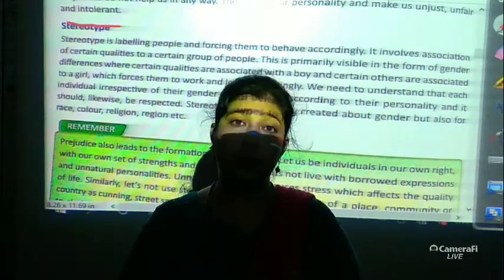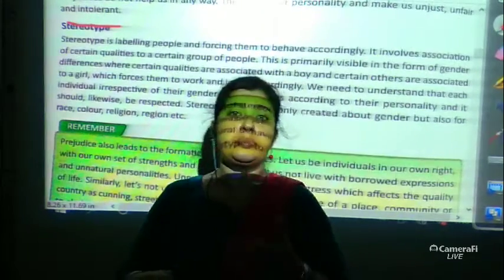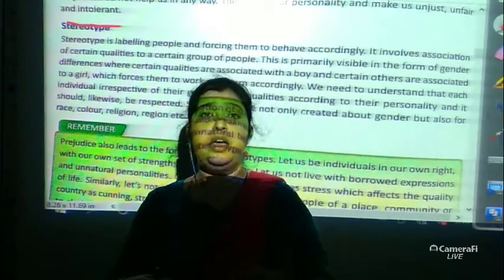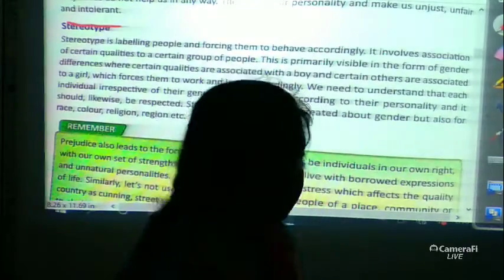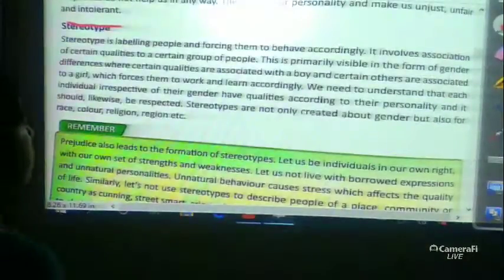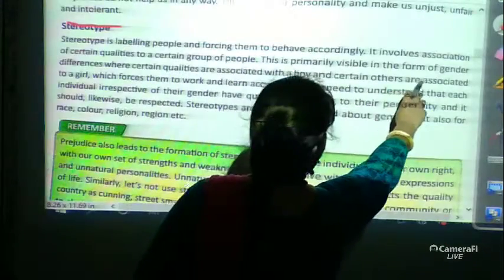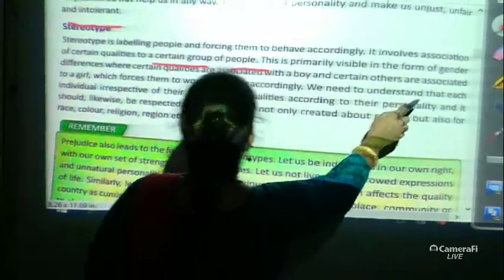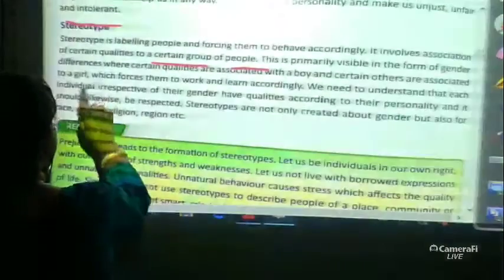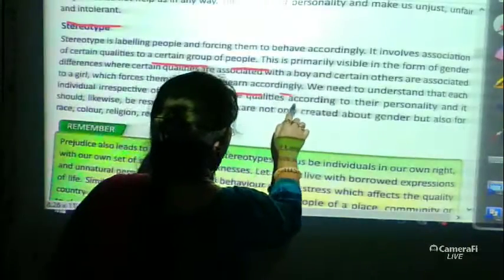They are totally bound by whatever their family members tell them to do. So this is primarily visible in the form of gender differences, where certain qualities are associated with a boy and certain others with a girl, which forces them to work and learn accordingly.